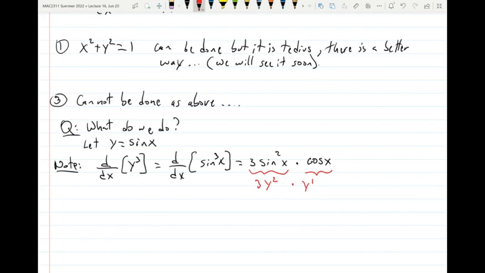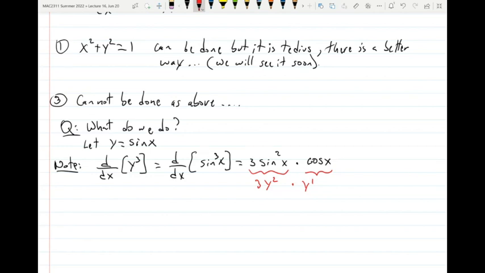When you take the derivative, you do the derivative of the outside, your usual power rule, times the derivative of the inside, which in this case is y prime. In this case we know y prime is cosine. But when you don't know the formula, then y prime is y prime, the same way that y is y. It's some function. The point is that when you see this, you have to use the chain rule because there is a composition taking place. We're going to take advantage of that to be able to find the derivative.